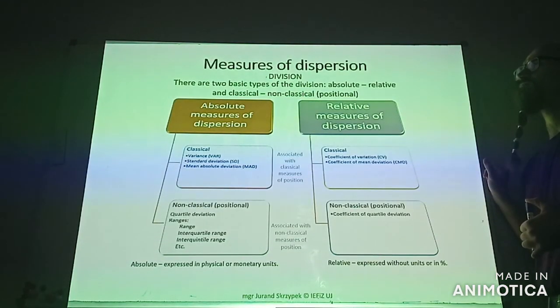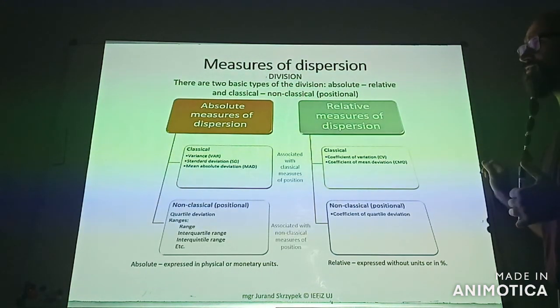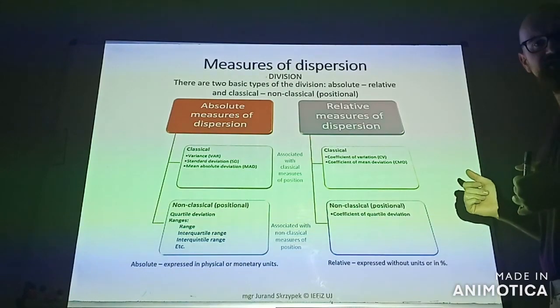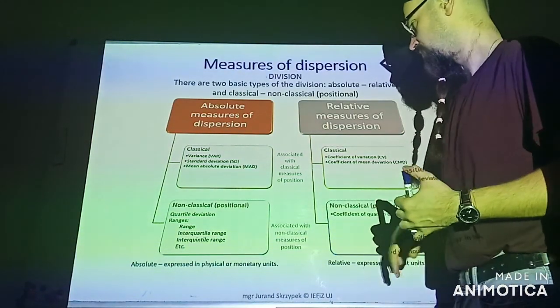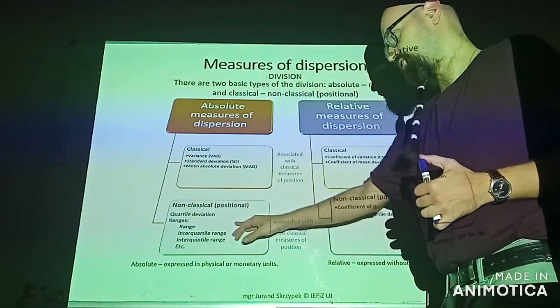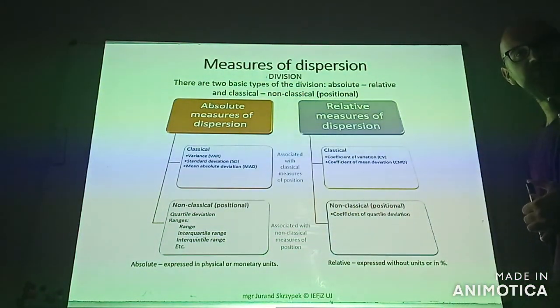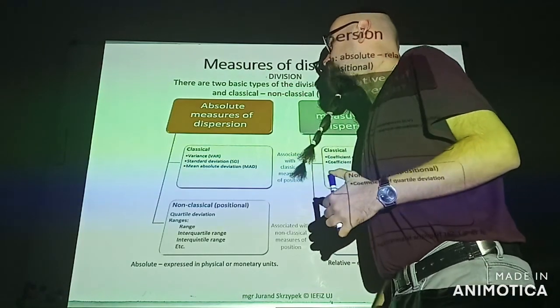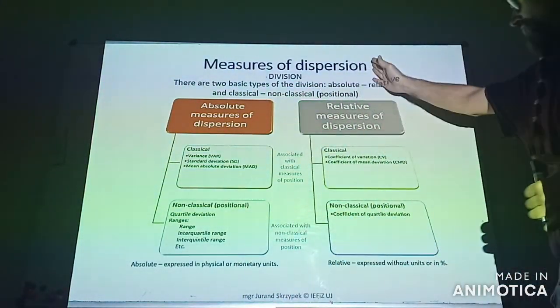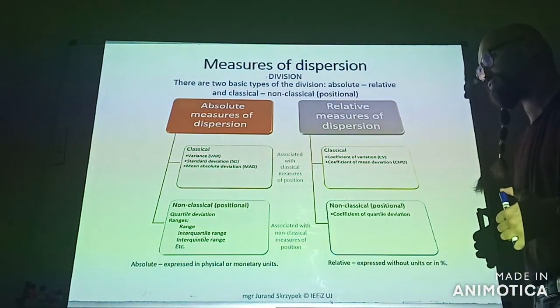Essentially, we divide the measures of dispersion into two basic categories. The first category contains classical and non-classical measures of dispersion. The second category contains the absolute and the relative measures of dispersion.